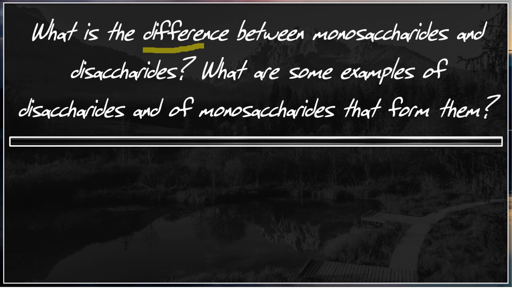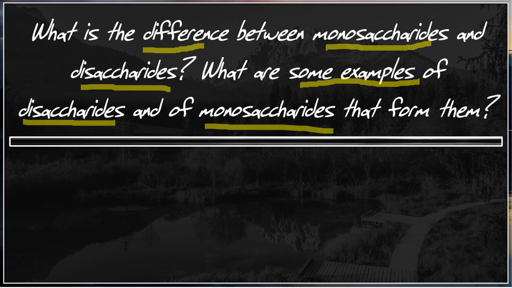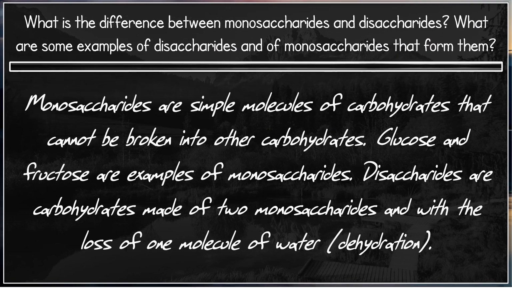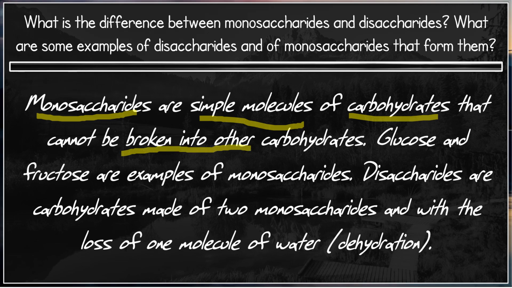What is the difference between monosaccharides and disaccharides? What are some examples of disaccharides and of monosaccharides that form them? Monosaccharides are simple molecules of carbohydrates that cannot be broken into other carbohydrates.